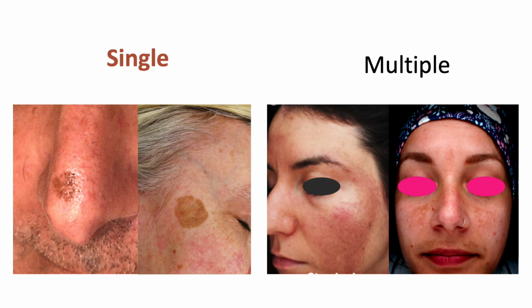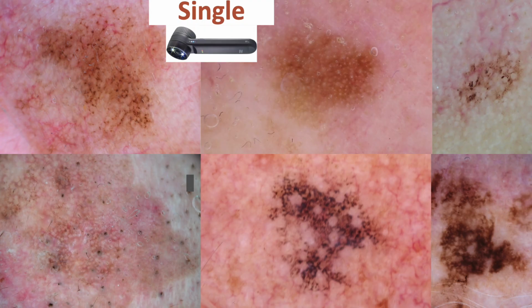So let's move a little bit to practice, and let's try to understand how we can visualize the pigmented lesions and how we can apply our tools in the diagnosis and treatment monitoring. Pigmented lesions can appear on the skin as single or multiple. And when they are single, we should be able to visualize the different features.